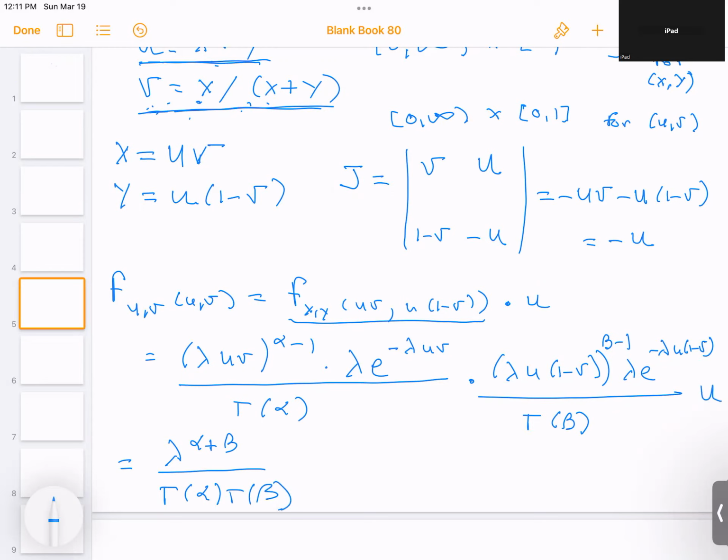I have u to some stuff, and I should separate this out because I have this extra u here. So I have u to the alpha minus 1 times u to the beta minus 1 times u. So that's u to the alpha plus beta minus 1.